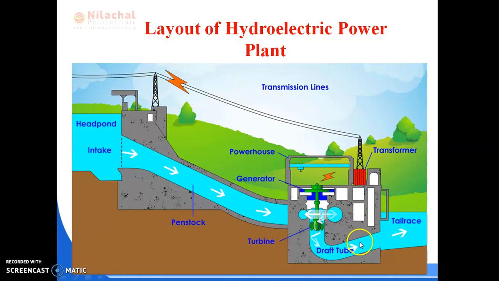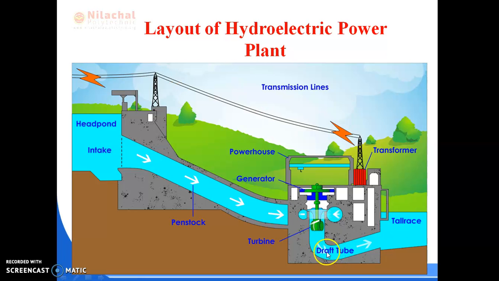There is a draft tube. The main function of the draft tube is that, at the outlet of the turbine unit, if the pressure energy of the liquid is less than atmospheric pressure, we increase the pressure of the water to more than atmospheric pressure.